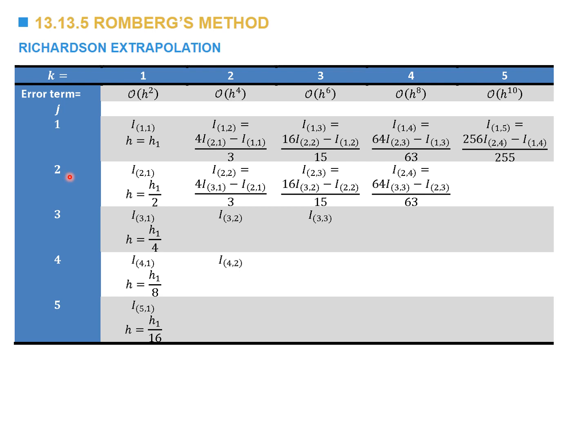When j is equal to 2, the initial width of the interval is divided by 2. J is equal to 3 means h is divided by 4. When j is equal to 4, the width is divided by 8, and so on. So you start with h over 2, h over 4, h over 8, h over 16, and so on. So you divide the previous choice by 2 every time as you go down in the table.